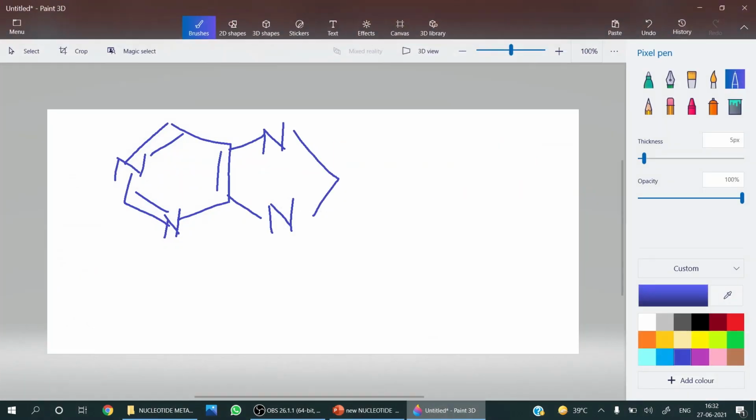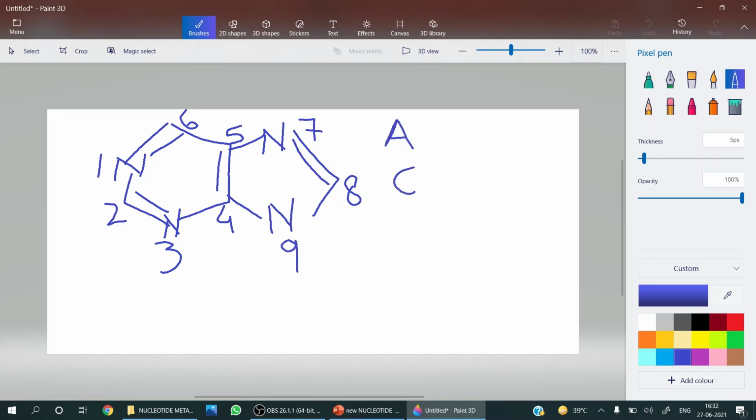So how will you number this? There is counterclockwise numbering in the case of purine bases. You know there are two kinds of purine bases, adenine and guanine.